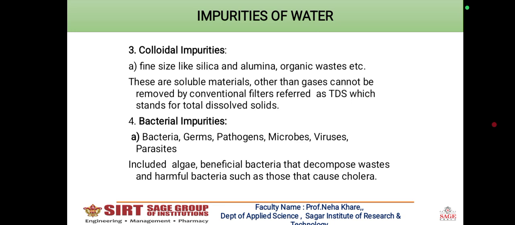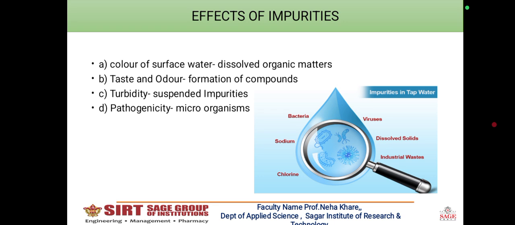Bacteria, germs, pathogens, microbes, viruses, and parasites are all responsible for the bacterial impurities. These include algae, beneficial bacteria that decompose waste, and harmful bacteria such as those that cause cholera.